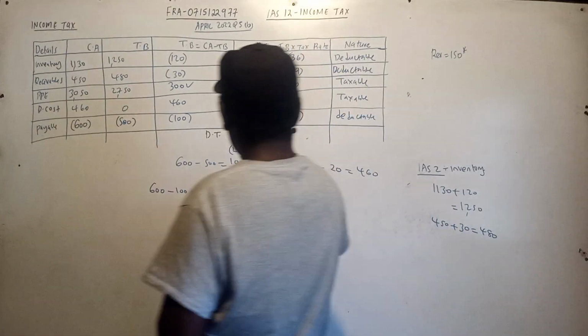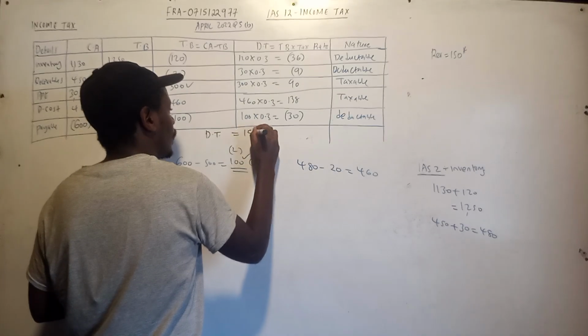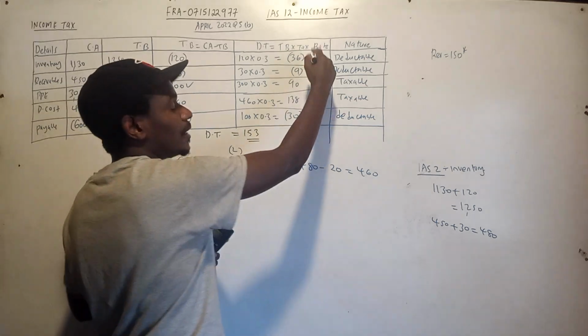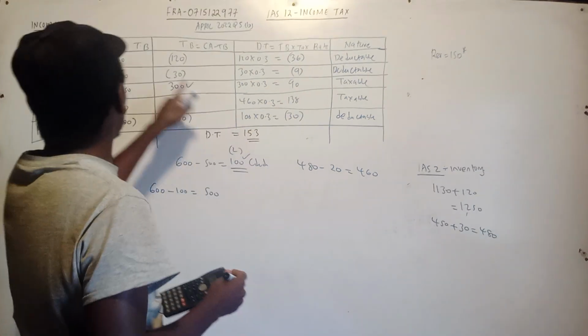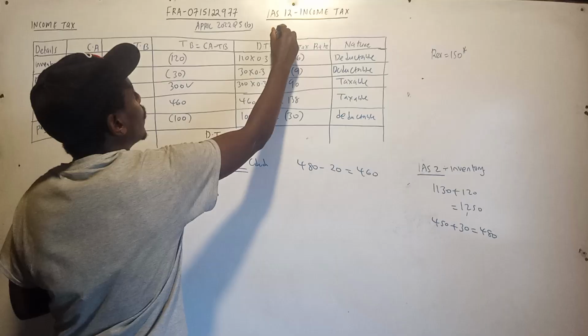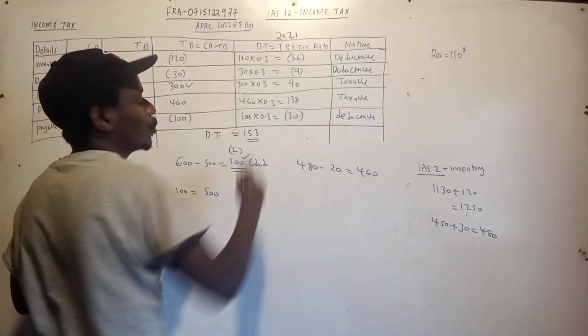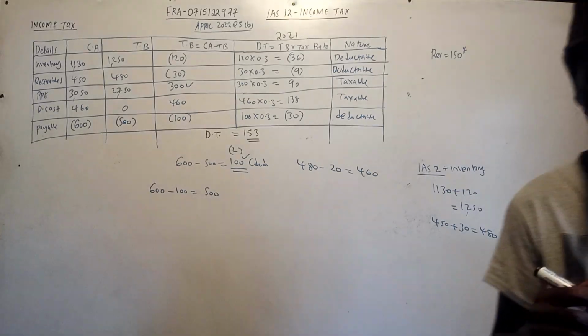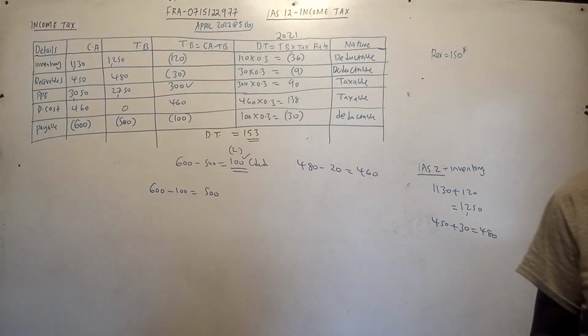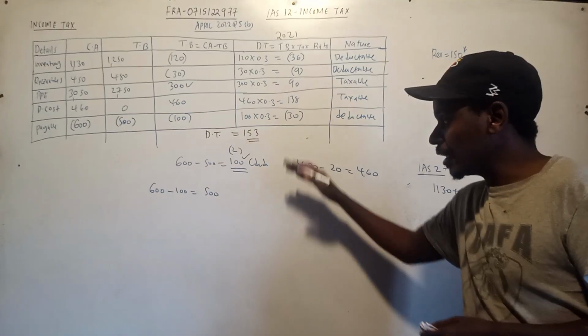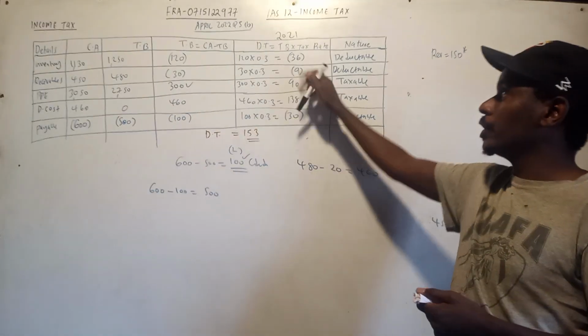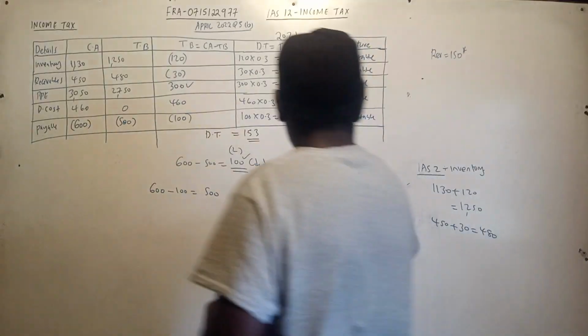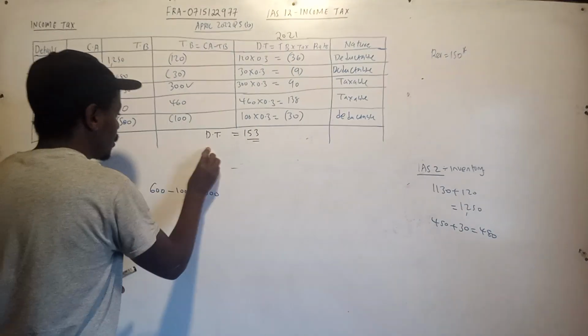So I'm getting 153. So we shall not consider either a decrease or an increase because it's only for 2021. We cannot consider any increase or decrease when you have only one period. We only consider an increase or decrease when you have different periods. In this case for 2021 only, and therefore we are not going to consider either decrease or increase.